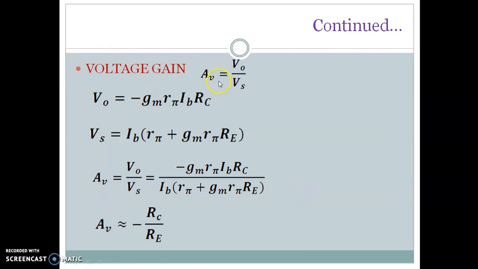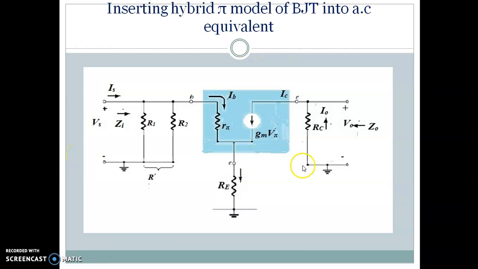Next, voltage gain. Voltage gain is given as V0 by Vs. Your V0 is nothing but the drop across your RC. You can see this IC and RC are opposite in nature, therefore you can write V0 is equal to minus IC RC. What is your IC?